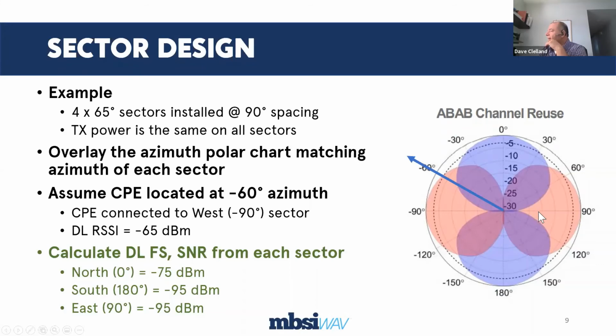So we have this arrangement of energy that's being radiated off of this tower. And so when I put a CPE out here on the west sector, I need to know that that CPE is going to stay on the west sector.